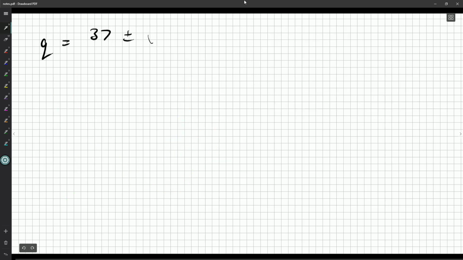So 37 plus or minus the square root of 37 squared. I don't know that off the top of my head, but I've got my calculator handy. So 1369 minus 4ac, so 4 times 324, so that'll be 1296, all over 2.